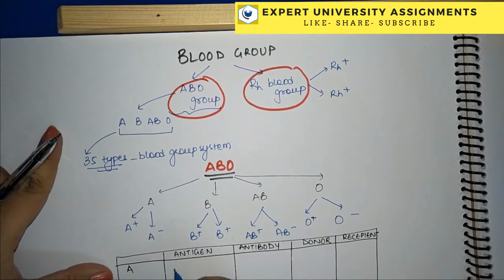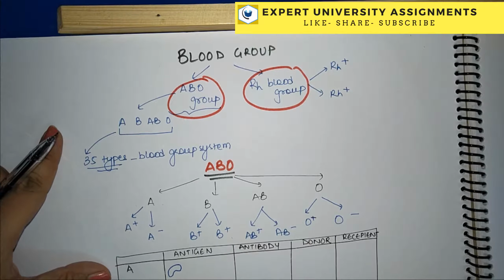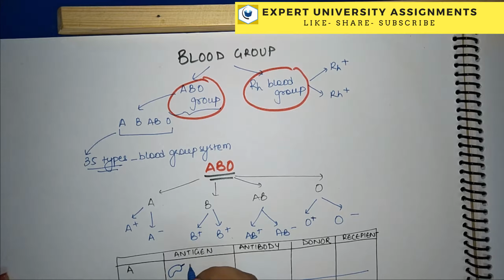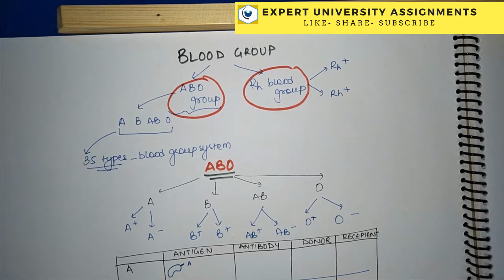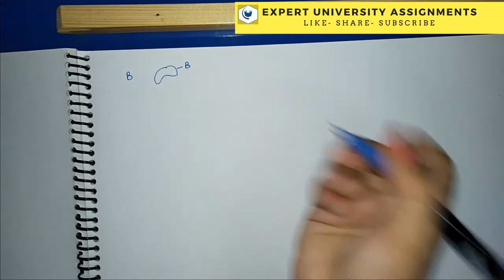So blood group A is actually, if I say this is a red blood cell, right? So this is a red blood cell and blood group A has an antigen on its surface. Blood group A has antigen A on its surface. Likewise, blood group B has antigen B on its surface.